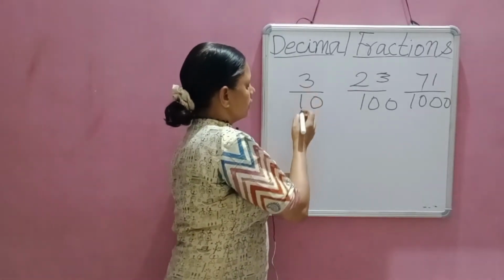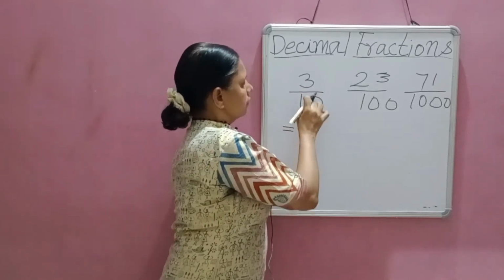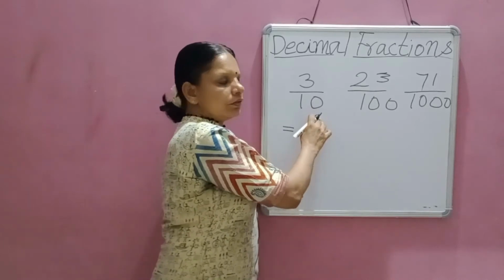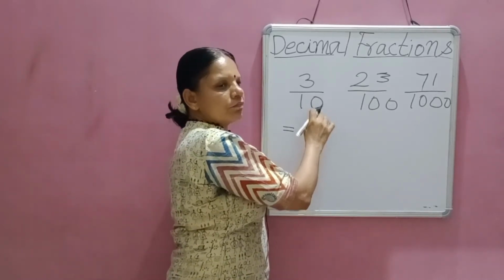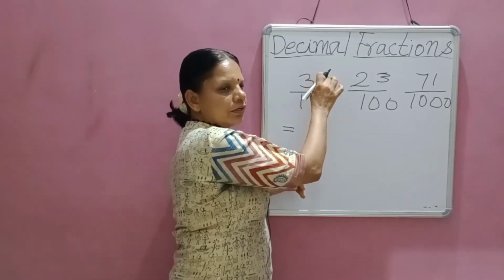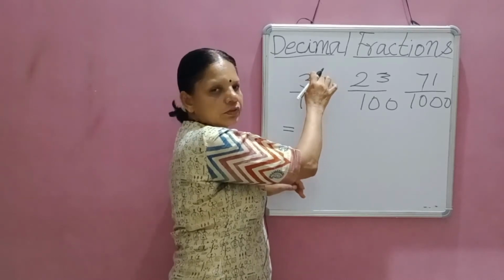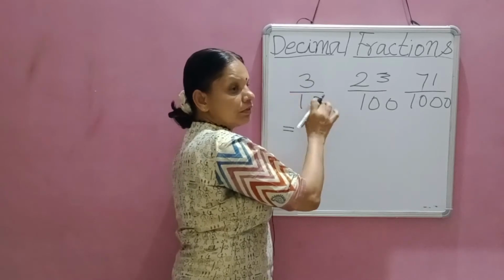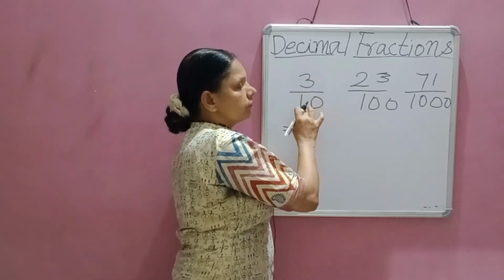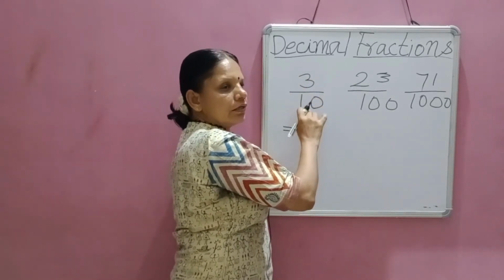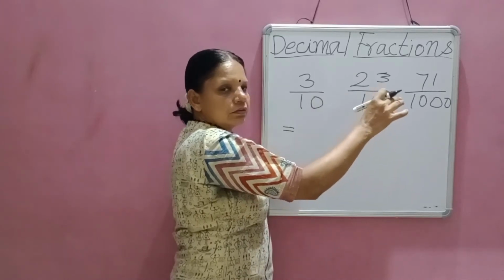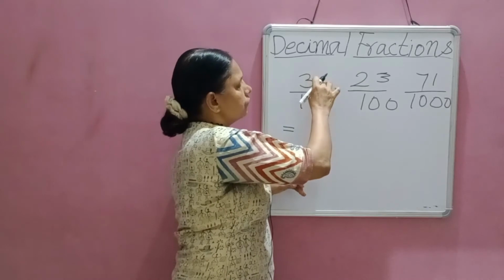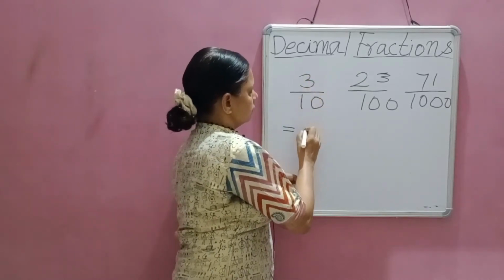If the denominator is 10, put the decimal point before one digit in the numerator. That is a way of writing using decimals, only if the denominators are 10, 100, 1000, 10,000, etc. This is written with a point.